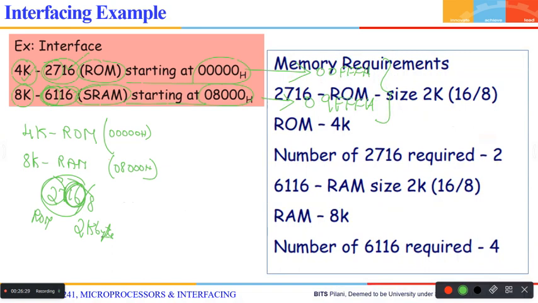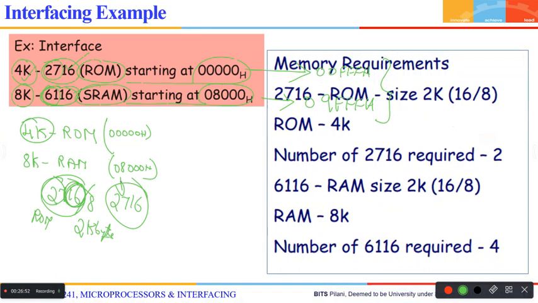Have you understood how you find out the size of the memory chip from the number? I'll repeat once again for those who have not understood. 2716 is the memory chip given to you. You have to interface 4K memory, that is the specification, but the memory chip given is 2716.